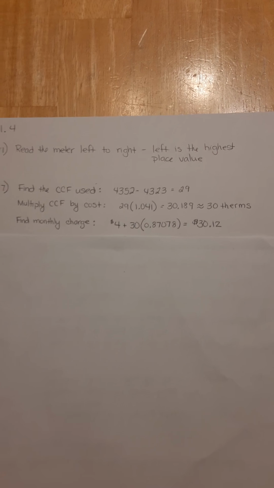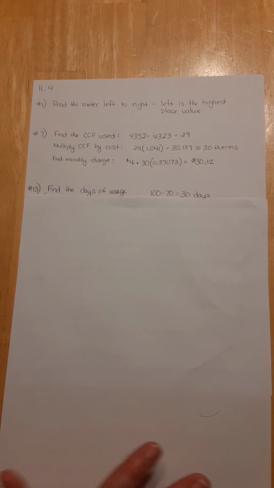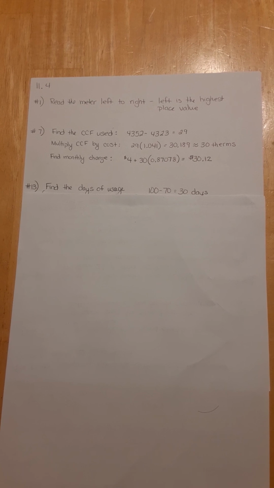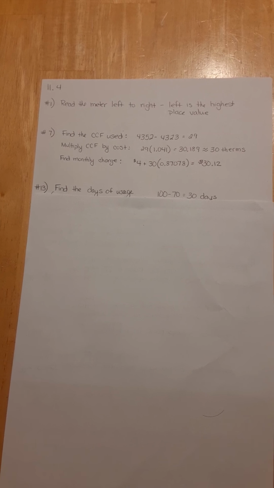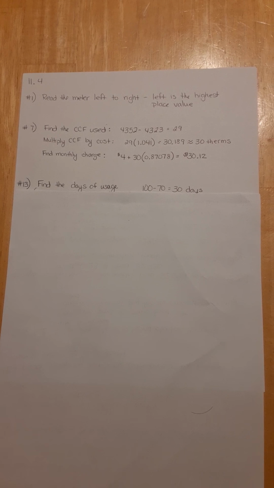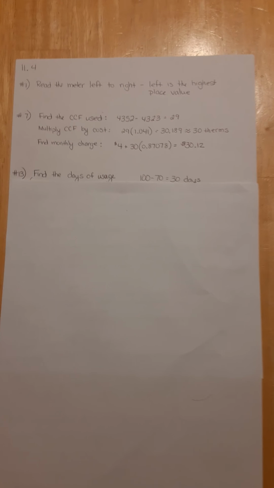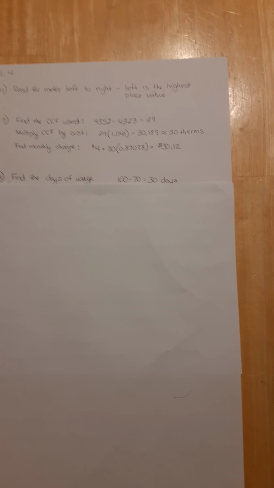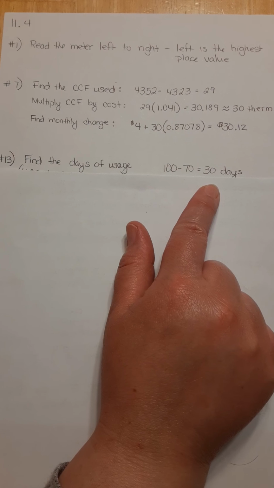Okay, now we're going to go on to problem 13. Just like with electricity, we have to find all the answers for 7 through 12 because we're going to use them for problems 13 on. So problem 13 asks us to find the number of days that we used and then what is the cost per day. So we've got to go back to the back of the book, use our exact days, and I noticed that it's 100 minus 70, the difference is 30.